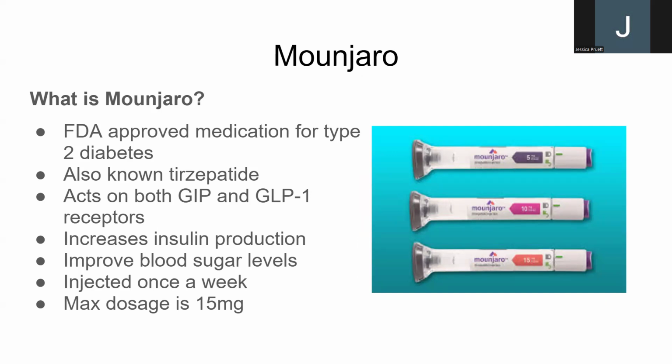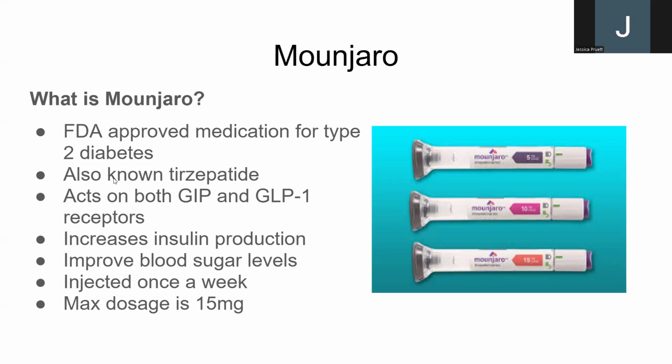However, Mounjaro, like Ozempic, also increases insulin production and improves blood sugar levels. Again, Mounjaro does increase insulin production by letting the pancreas know to make and release more insulin.